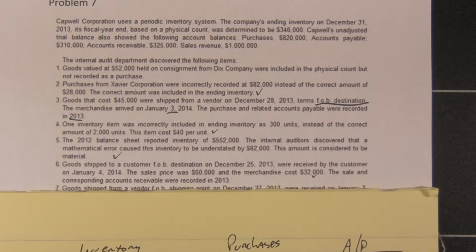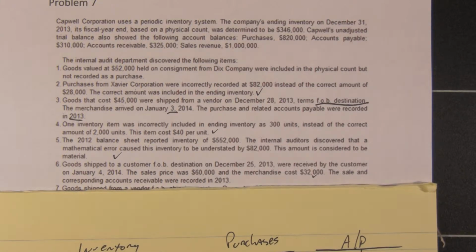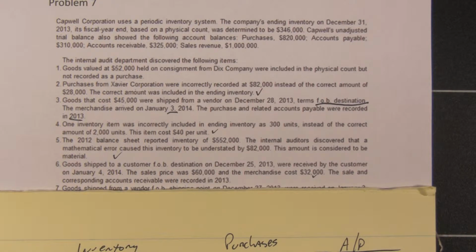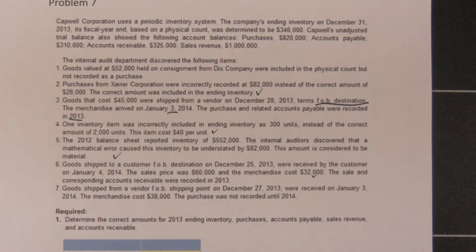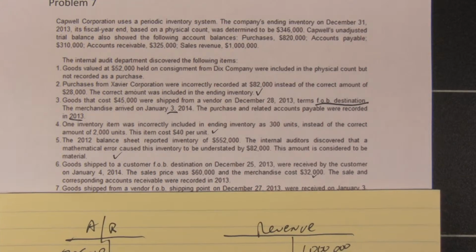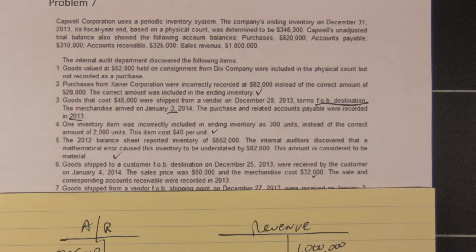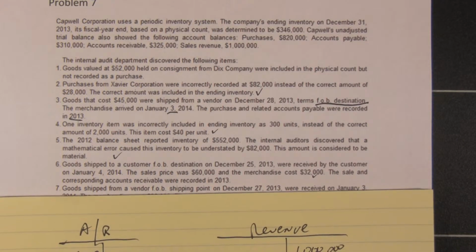Because that sale, no matter what we say, did not happen until next year. And the accounts receivable and the revenue were both recorded for 60,000. So we have to reduce the revenue by 60,000, and we have to reduce accounts receivable by 60,000. That's item number 6.